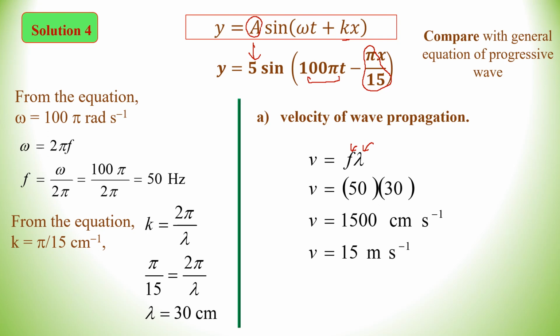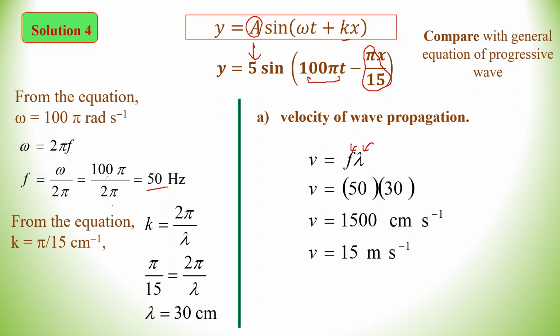Relate omega with frequency: omega equals to 2 pi f. So f equals to omega over 2 pi. Omega is 100 pi divided by 2 pi. Pi cancel, so we get the answer 50 hertz.